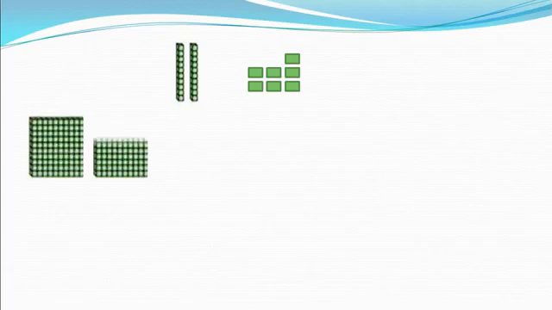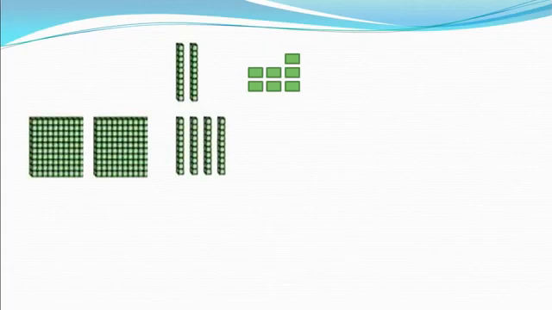Now look at this sum. There are 2 stacks of tens and 1, 2, 3, 4, 5, 6, 7 ones. Then there are 200 blocks, 1, 2, 3, 4 stacks of tens and 1, 2, 3, 4, 5, 6, 7, 8, 9 ones blocks.